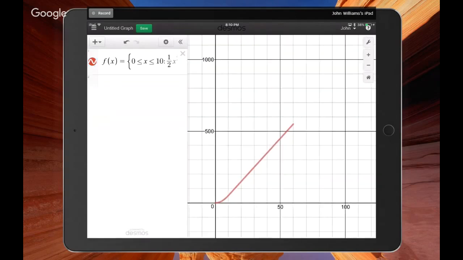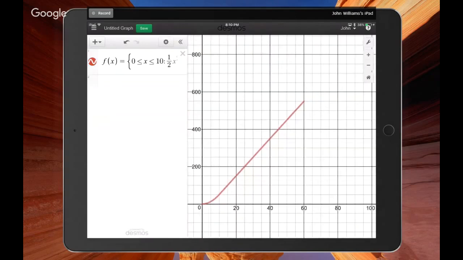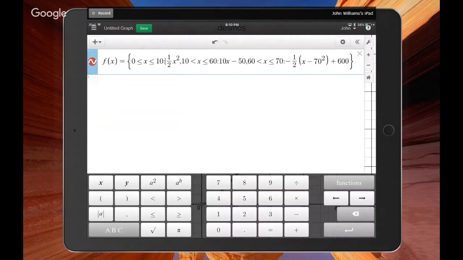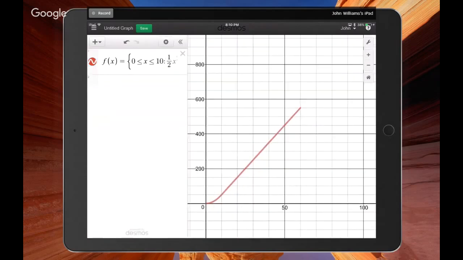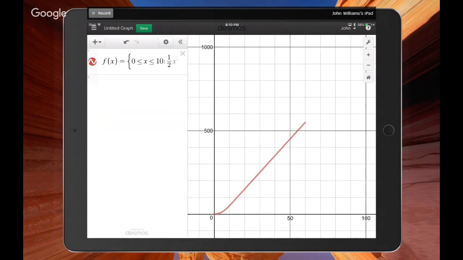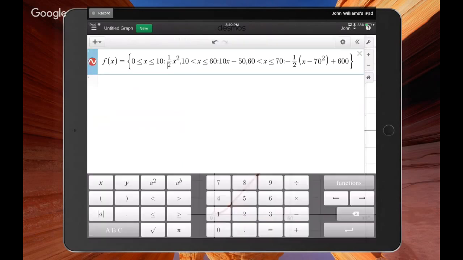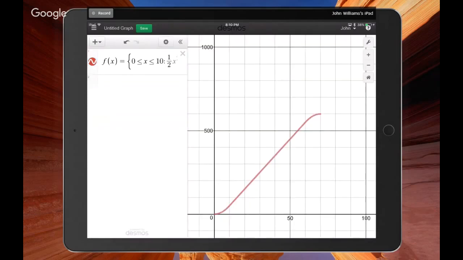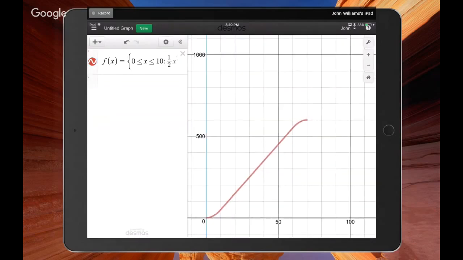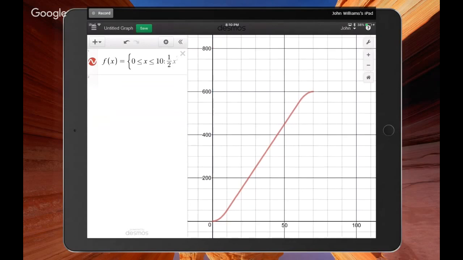And you can see now I've got the last section, don't I? Oh, that's the problem. 70. There it is, squared. That's better. Cool. And it is parabolic upside down on this section.